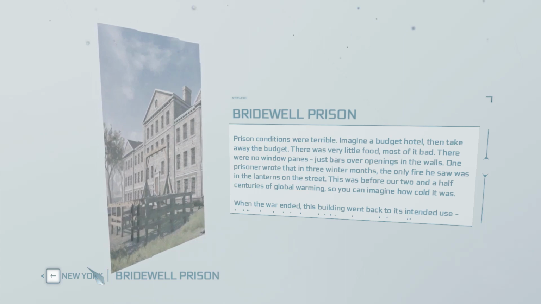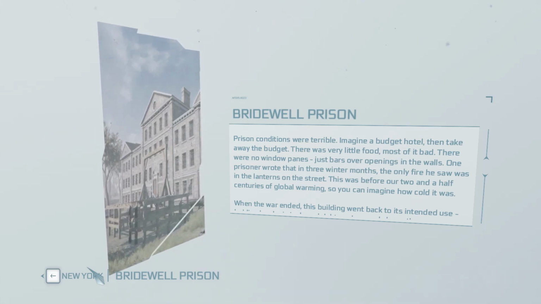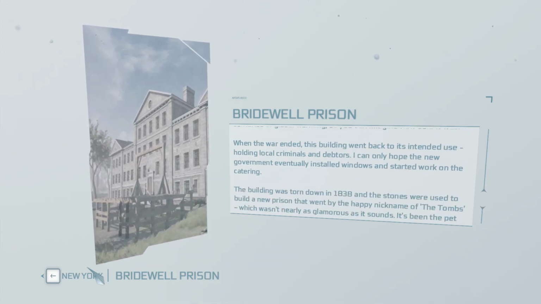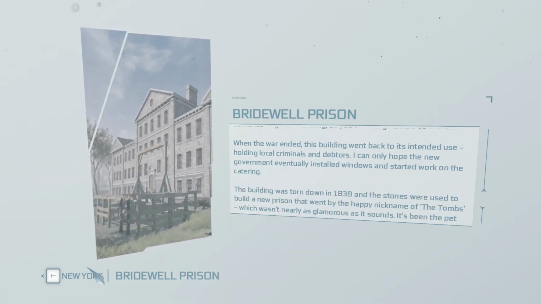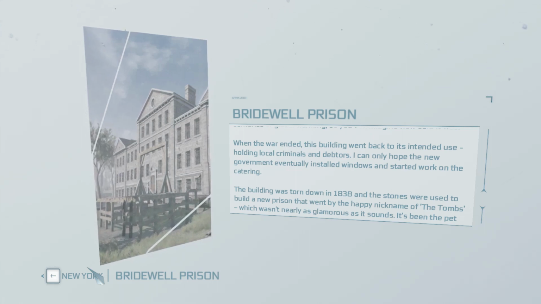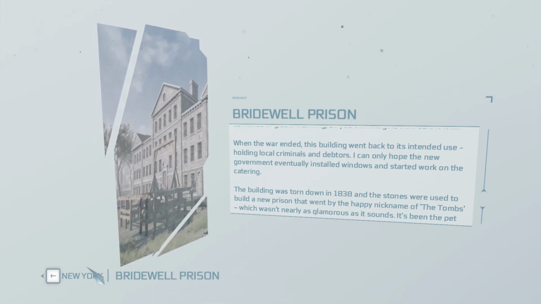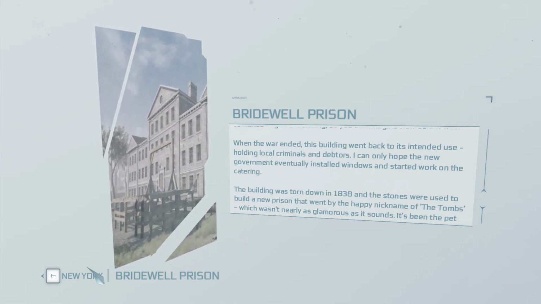When the war ended, this building went back to its intended use. That would be holding local criminals and debtors. I can only hope the new government eventually installed windows and started work on the catering.